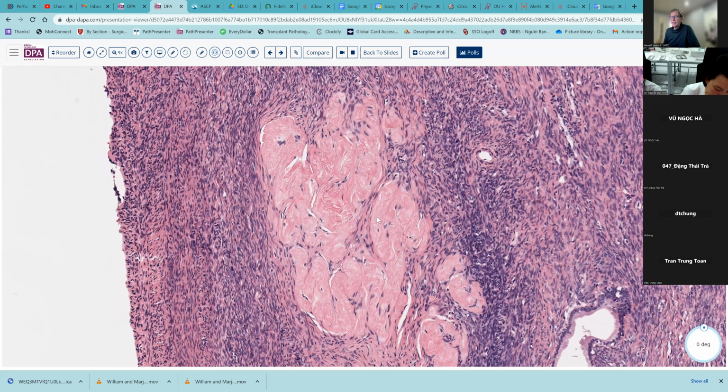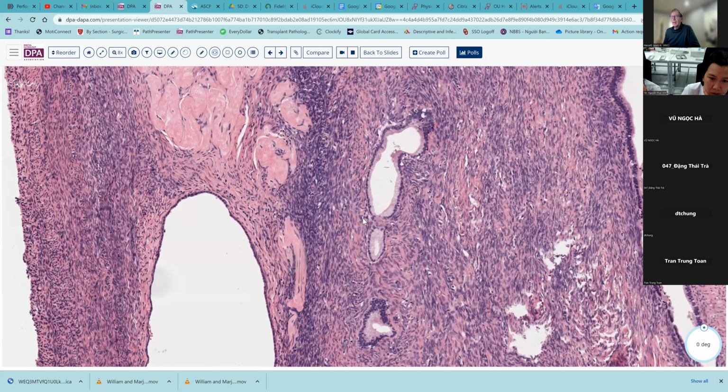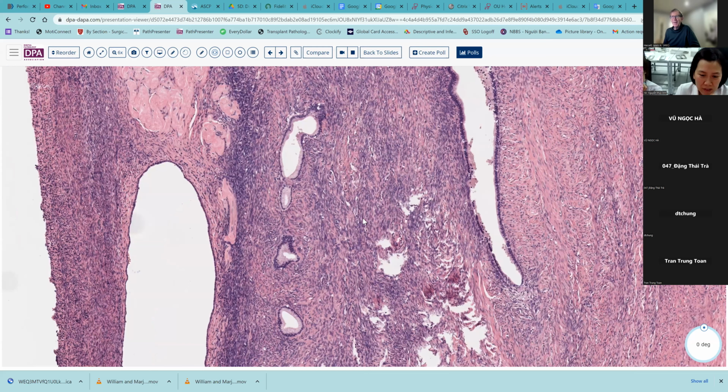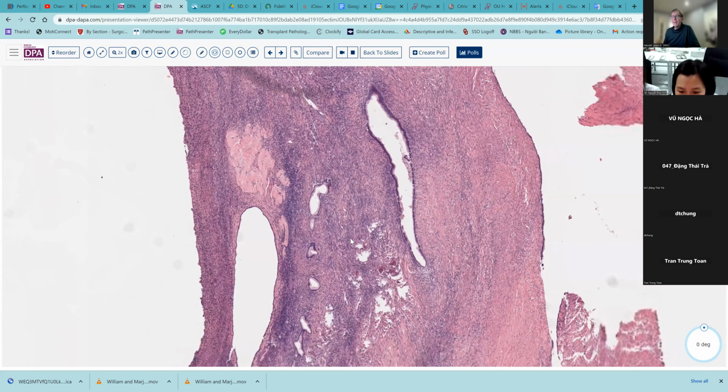This is a mucinous cystic neoplasm, which is more common in women than in men, but does occur in men. It's much more common in the pancreas than in the gallbladder or the biliary tree, but it does occur there.